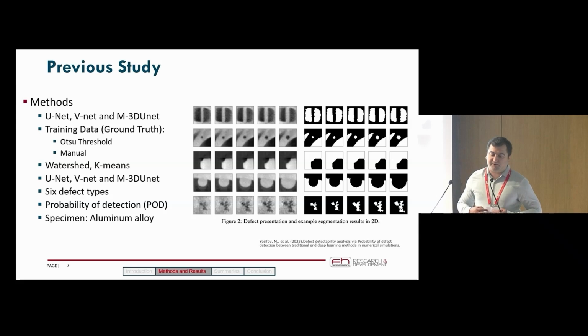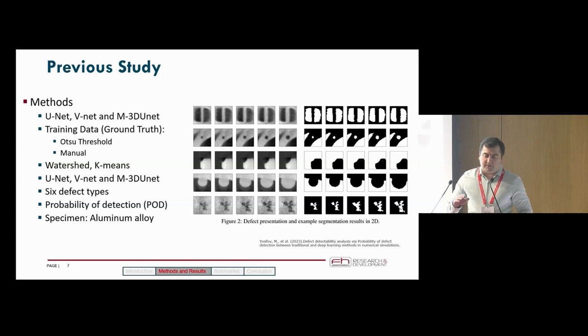In our previous study, we similarly applied the same convolutional neural networks. For the training data, especially the creation of the training mask, we applied auto threshold and manual segmentation with the cleaned data.